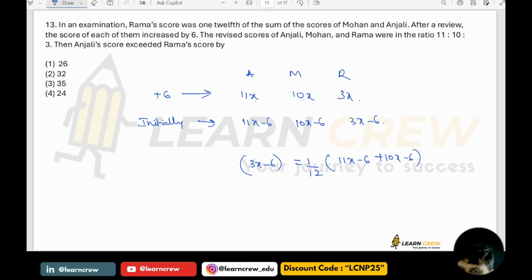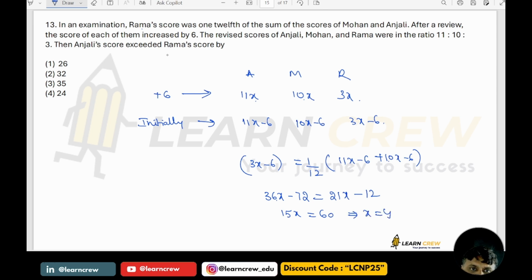So how much are you going to get here? 12 threes are 36, x minus 72, 11 plus 10, 21x minus 12. So 36 minus 21, 15x is equal to 60. Thereby I have got x as 4.